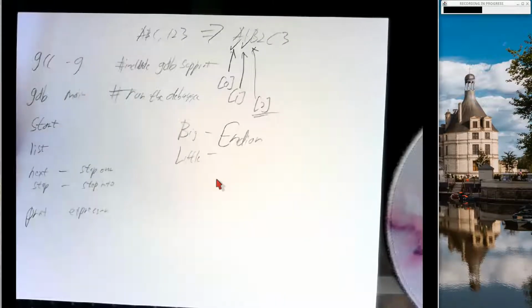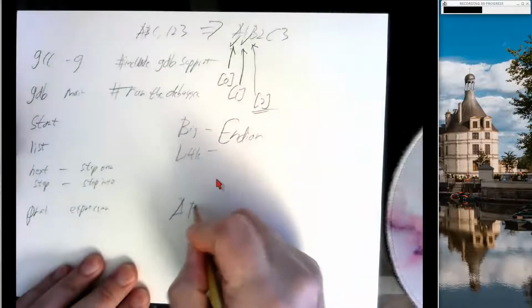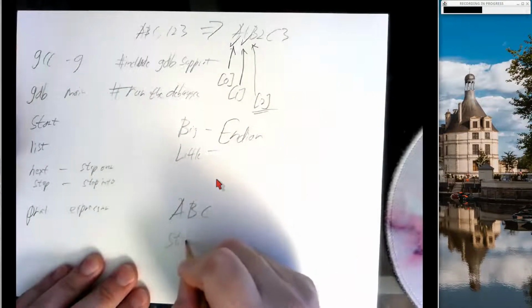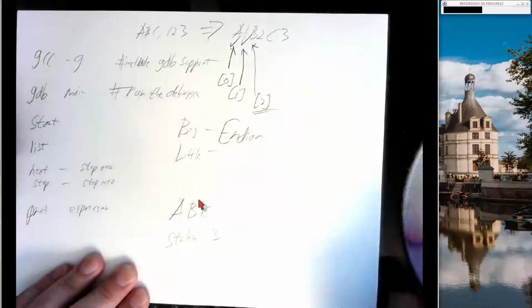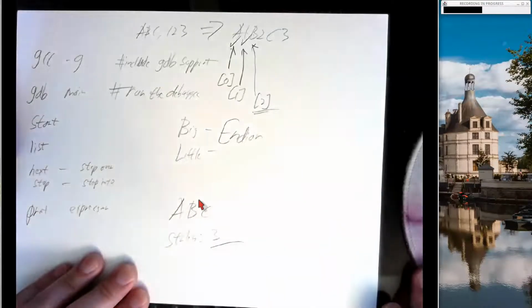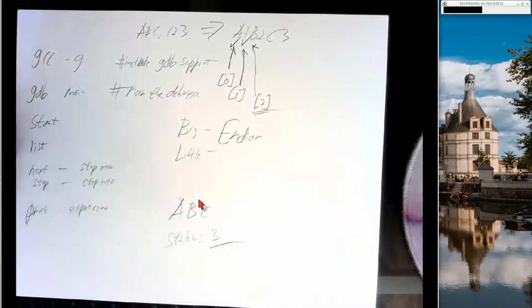So do your test case. If your string is ABC, string length is 3, that's how many times I want to iterate. And if I do string length -1, I'm only iterating twice.